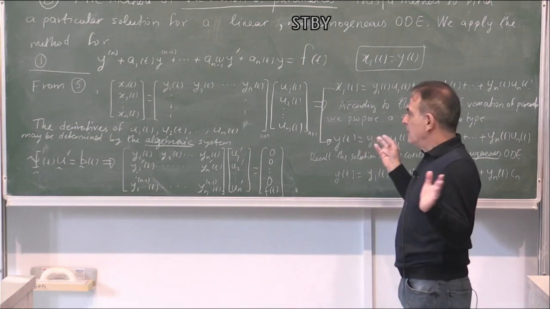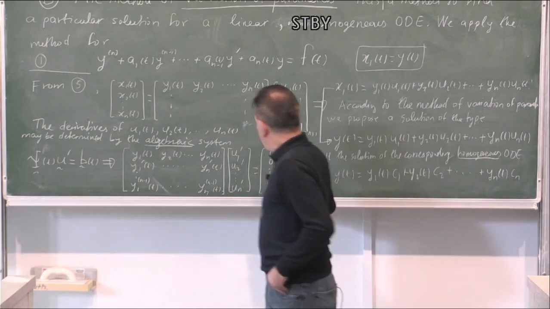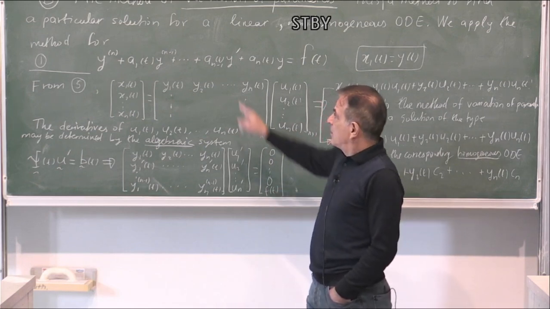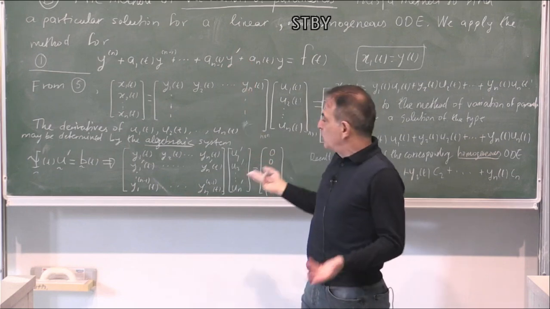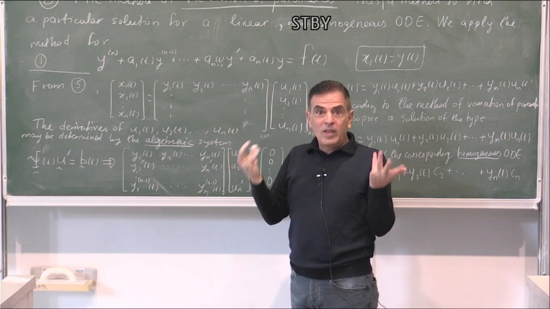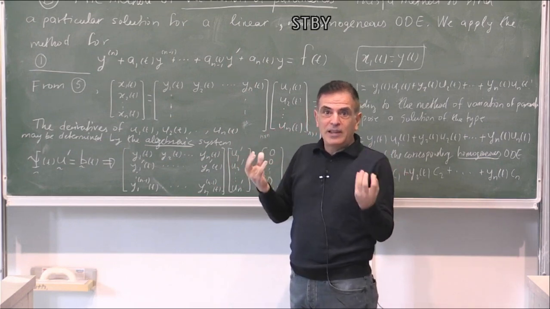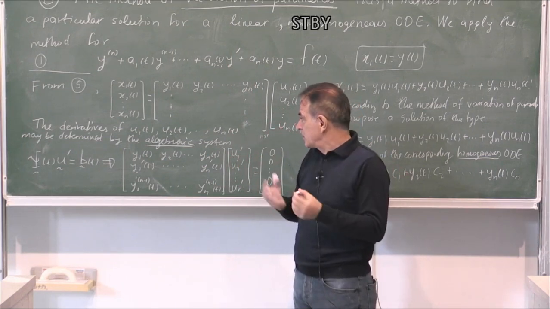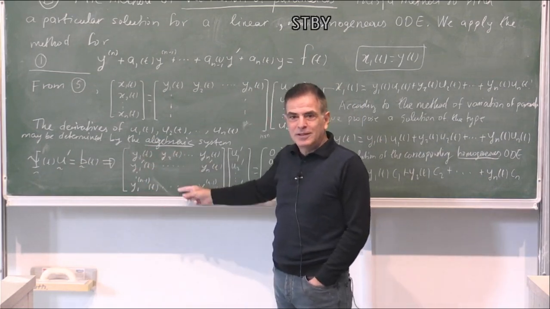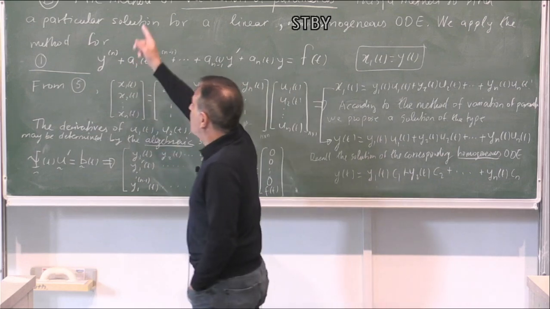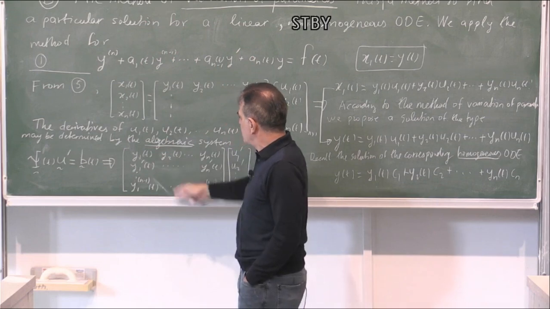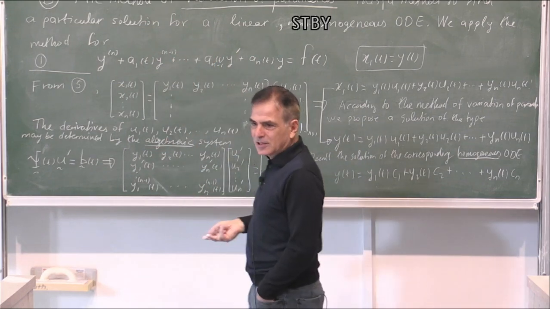Note that there is no restriction on f of t in this procedure, and the equation may be an equation with variable coefficients or constant coefficients. The only thing which must be known is the fundamental set of solutions, that is a fundamental matrix solution for the corresponding system.